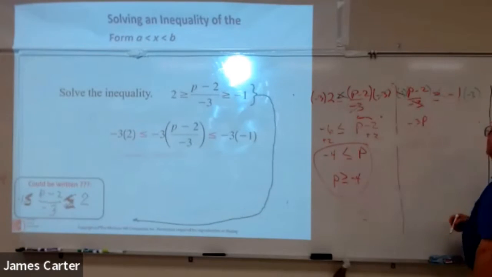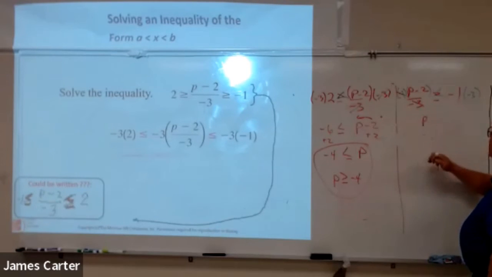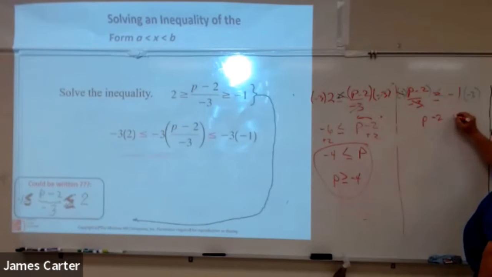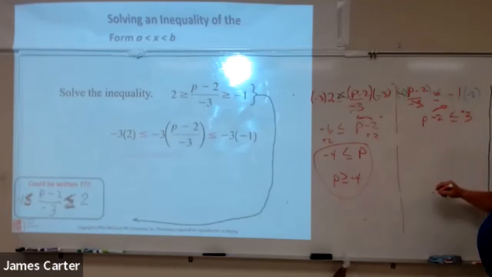Now, over here, I get p-2 less than or equal to +3. Would I have to show that positive? No, because they're automatically good. I'm just doing it to prove the point that negative times negative is positive. I take this over. So +2, +2, p is less than or equal to 5.